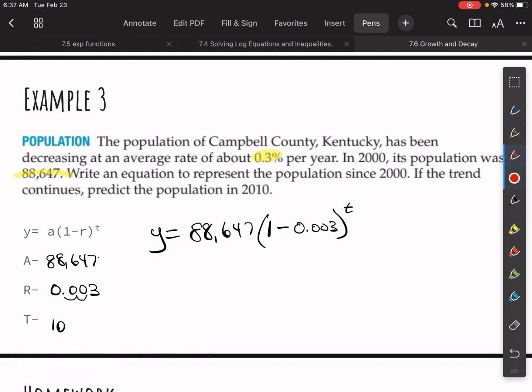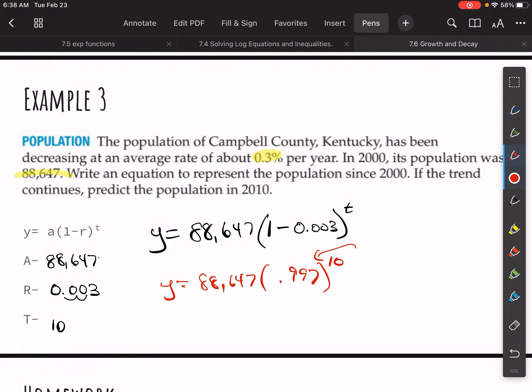Then the second part is they want us to evaluate that when t is 10. By the way, when I take 1 and subtract 0.003, I get 0.997. So with a decay function, this should always be less than 1. And then this will be to the 10th power.